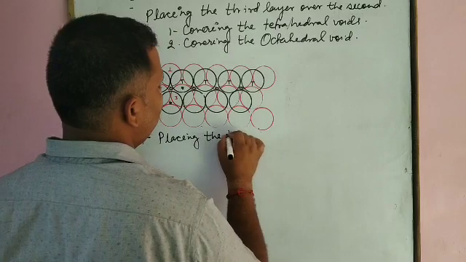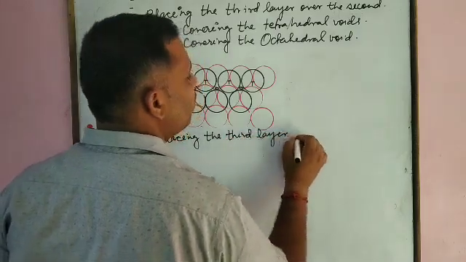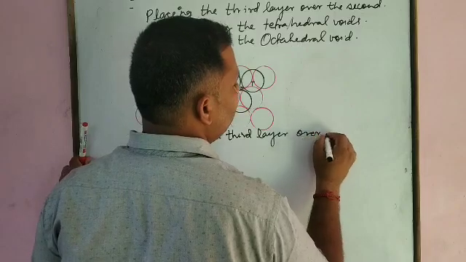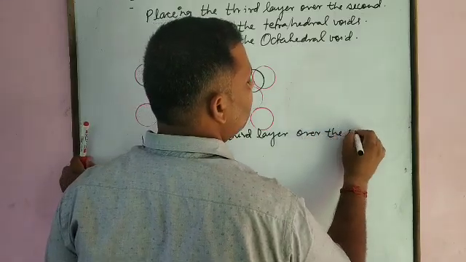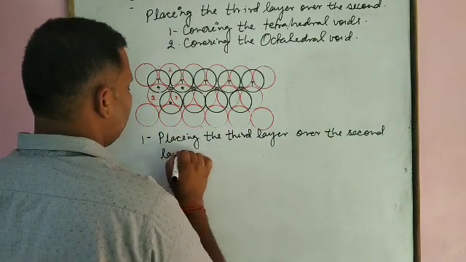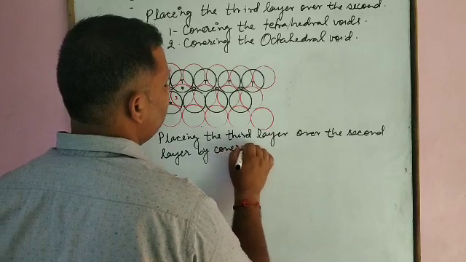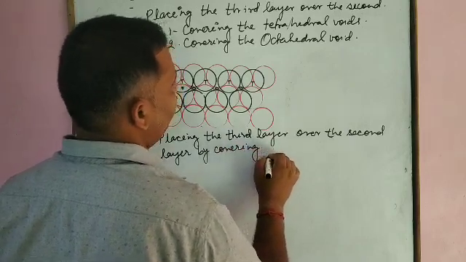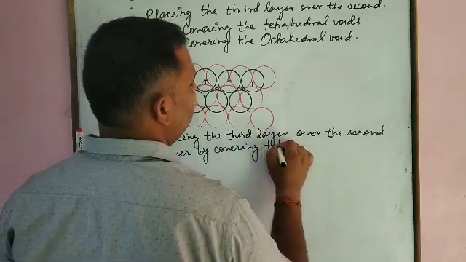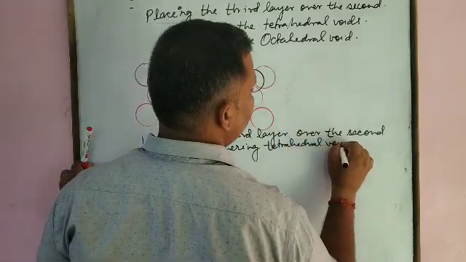The first one we will discuss is placing the third layer over the second layer by covering tetrahedral voids.